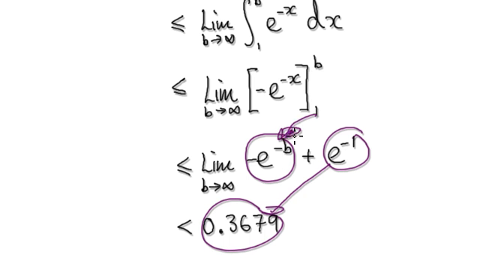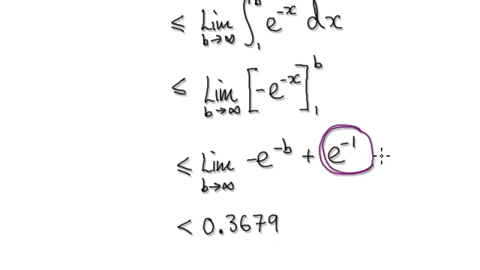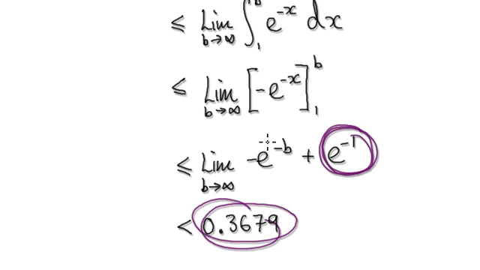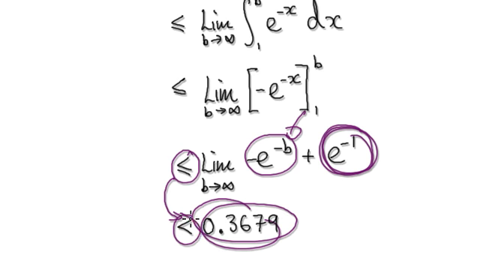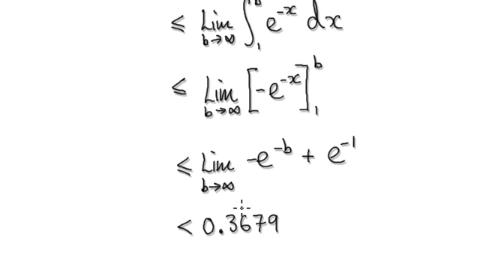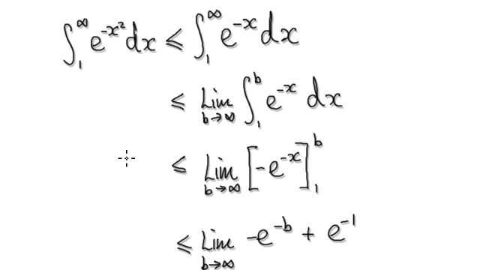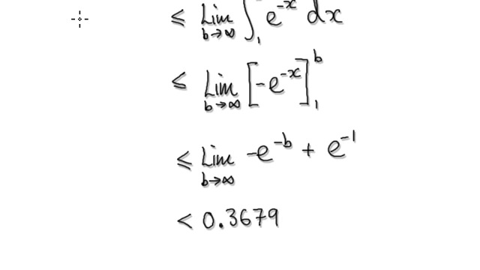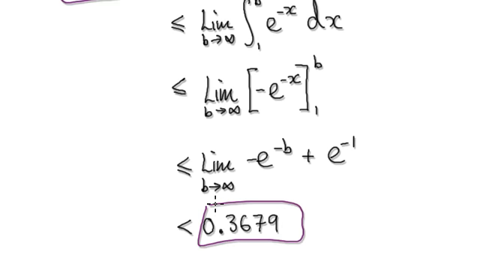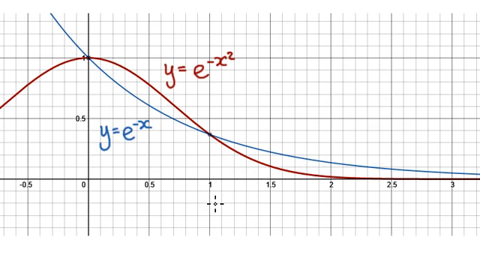If you're taking away a tiny bit, then this thing here will become strictly less than this thing here. So what we're saying is that the area underneath this, this integral, will be strictly less than this.